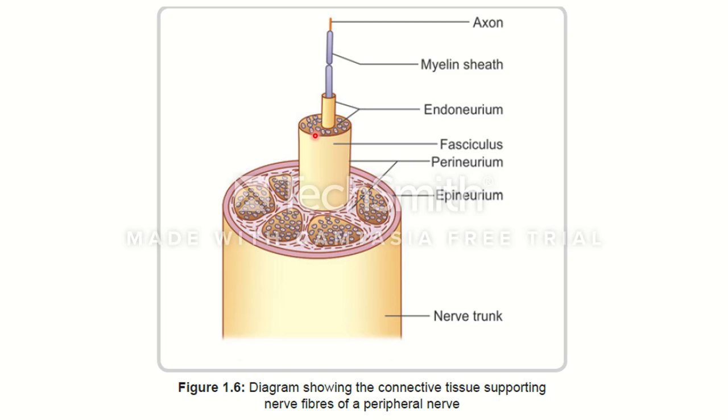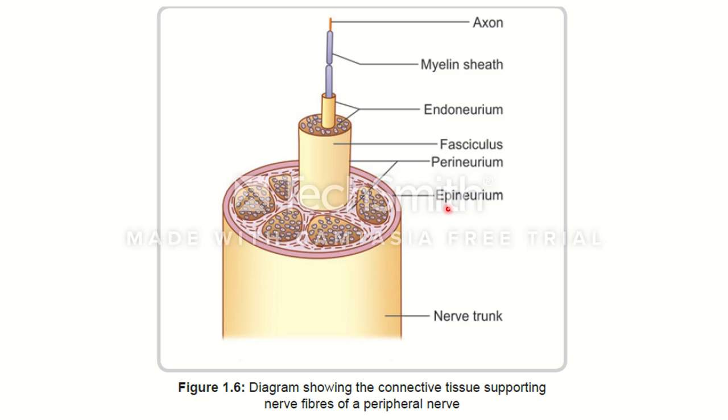A collection of endoneuria themselves forms a fascicle, or fasciculus, and this fascicle is surrounded by another connective tissue, which is thicker than the previous one. This connective tissue is called perineurium. A collection of fascicles is surrounded by a much thicker connective tissue called epineurium.